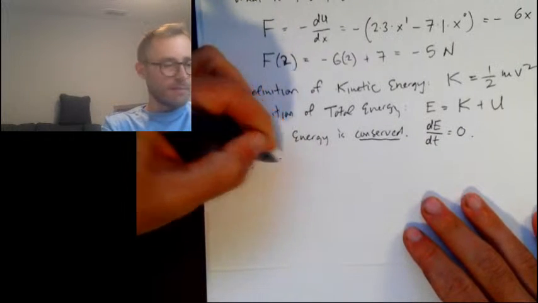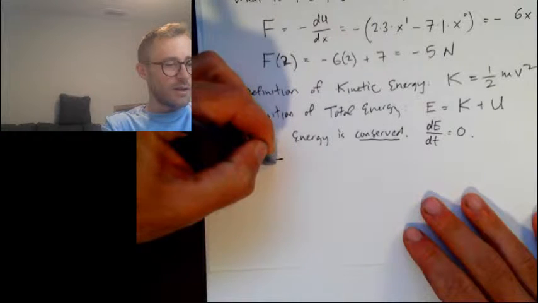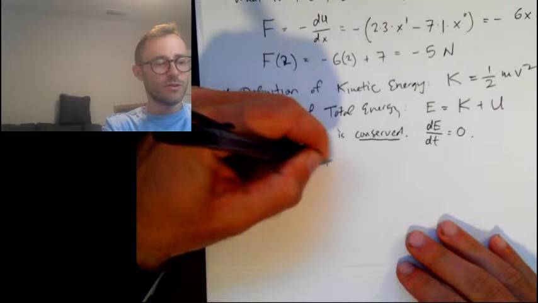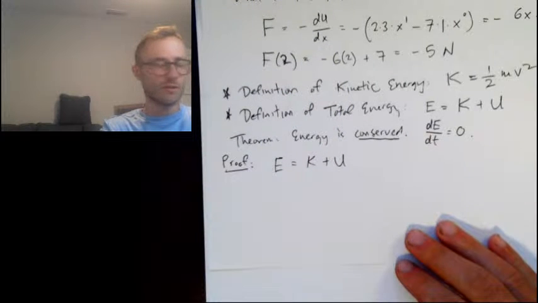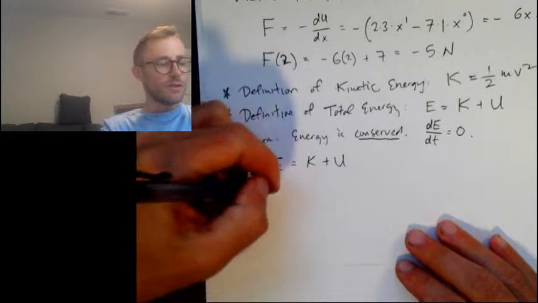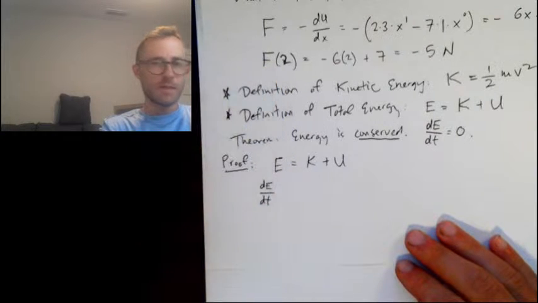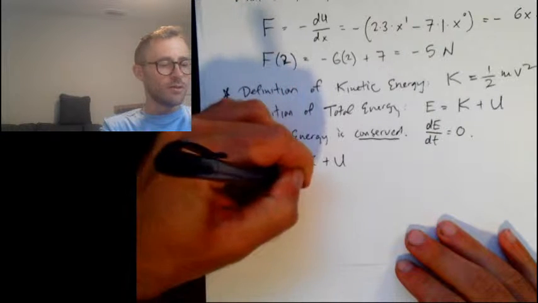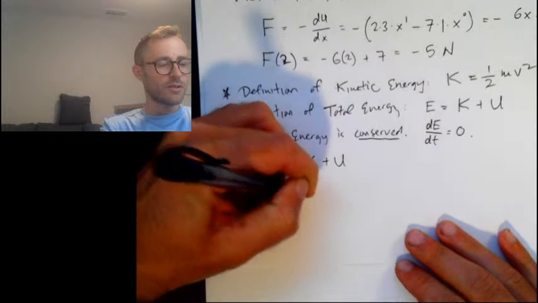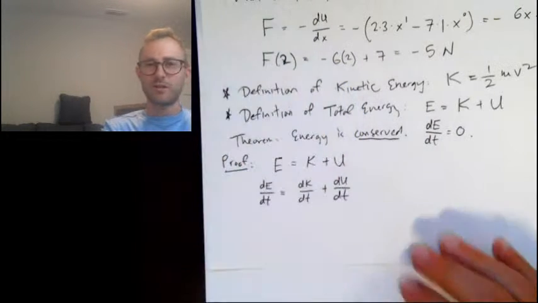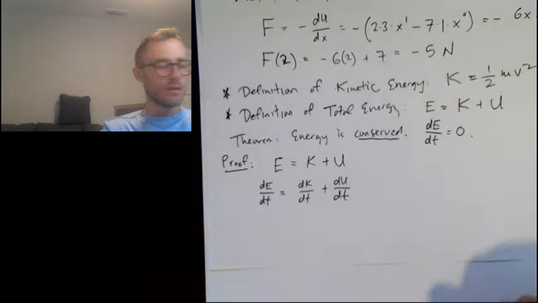So if we look at the energy, it is K plus U, kinetic energy plus potential energy. So that means that the derivative of the energy with respect to time is the derivative of the kinetic energy with respect to time plus the derivative of the potential energy with respect to time. Okay?